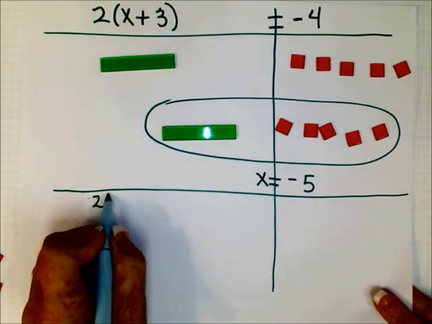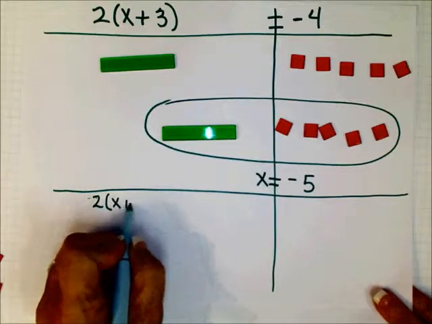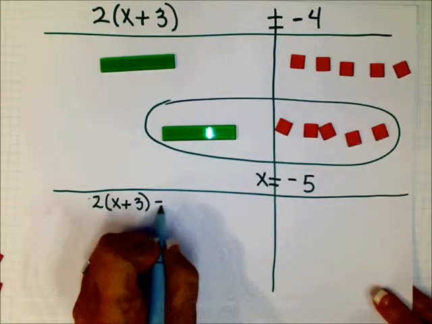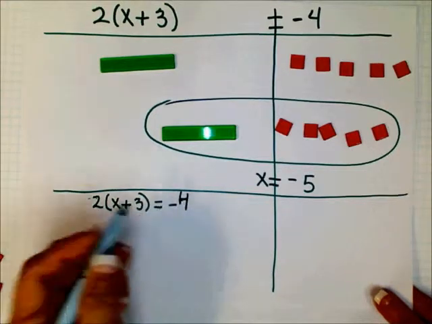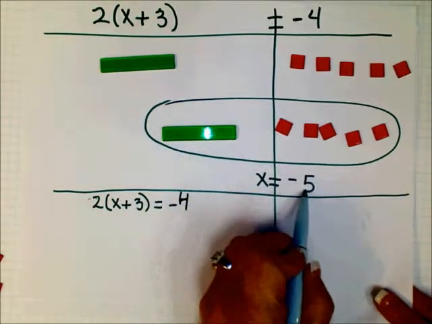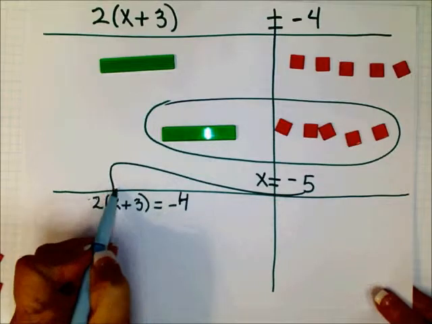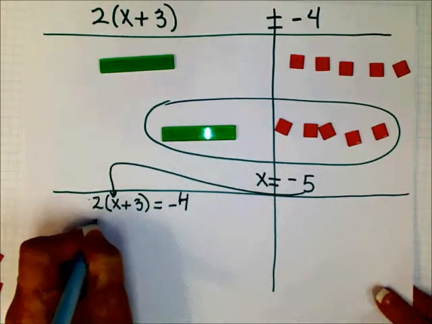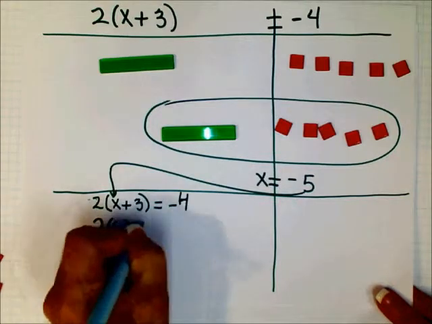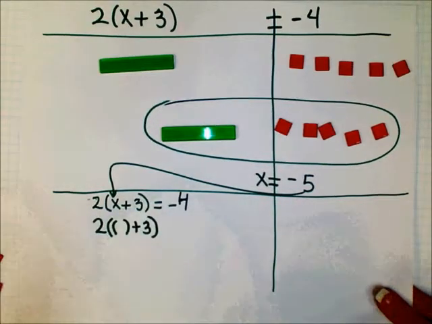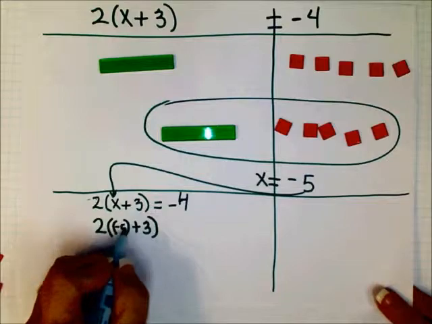So I have 2 times the quantity x plus 3 equals negative 4. Okay, then the value of x is negative 5, so I'm going to substitute. But remember, I replace that with the parentheses. Okay, then I have a negative 5 in here.